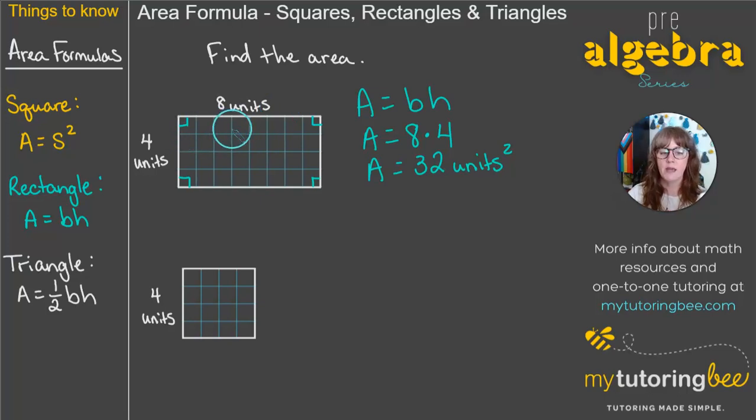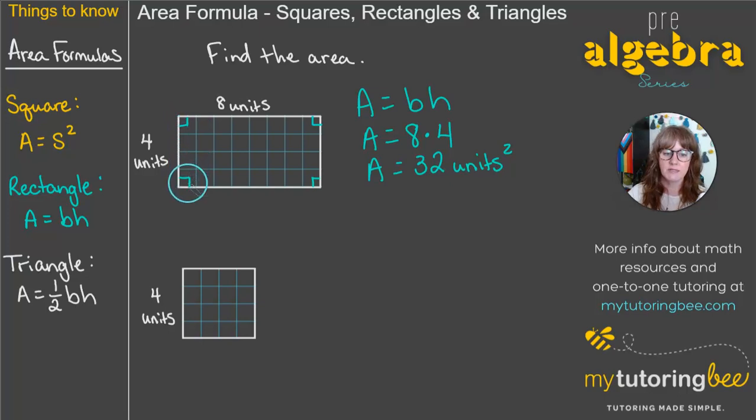Now, notice that we have a lot of squares inside this rectangle, and I wanted to start off with one with these grid marks so that we can actually connect the dots to see why we find area this way, what area actually means, and why we use this 2, or this squared exponent, when we are writing our units for our areas. If you count along the length of this rectangle, you will count 8 square units.